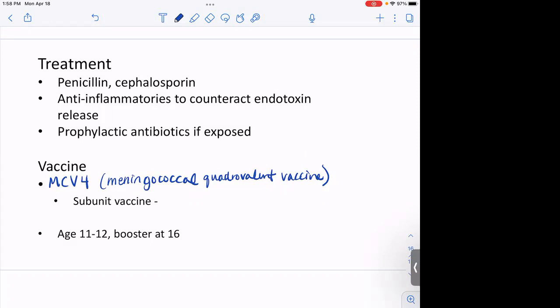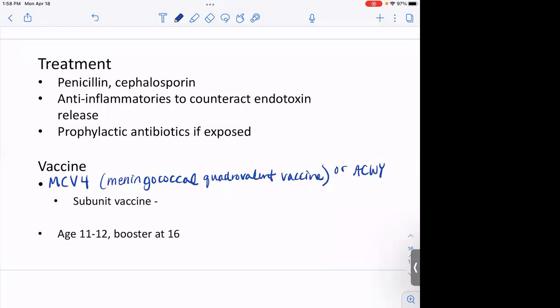I've also seen this called, when I looked on the CDC page a few days ago, they called it ACWY. Okay, and of course that stands for the different types of the capsule that the vaccine will cover.